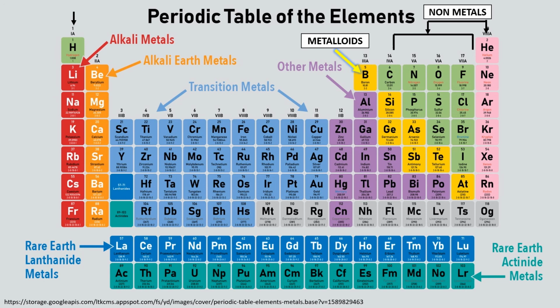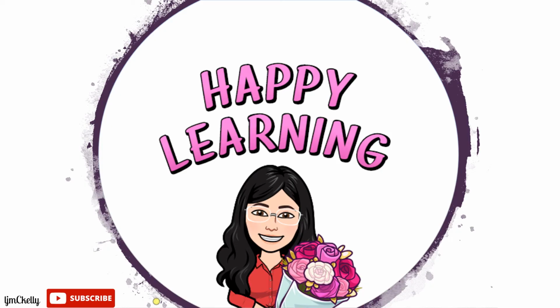So again, in the periodic table of elements, most of the elements are metals, and then the stair-like structure is the metalloids, and hydrogen and the carbon group, nitrogen group, oxygen group, fluorine group, and the noble gases are considered as nonmetals. Happy learning!